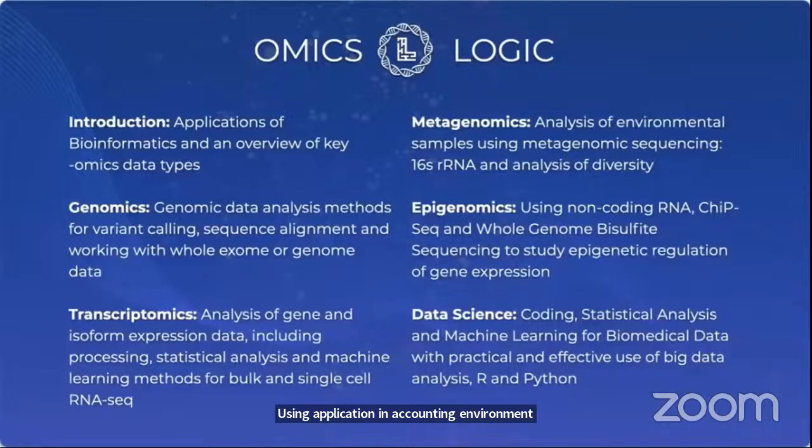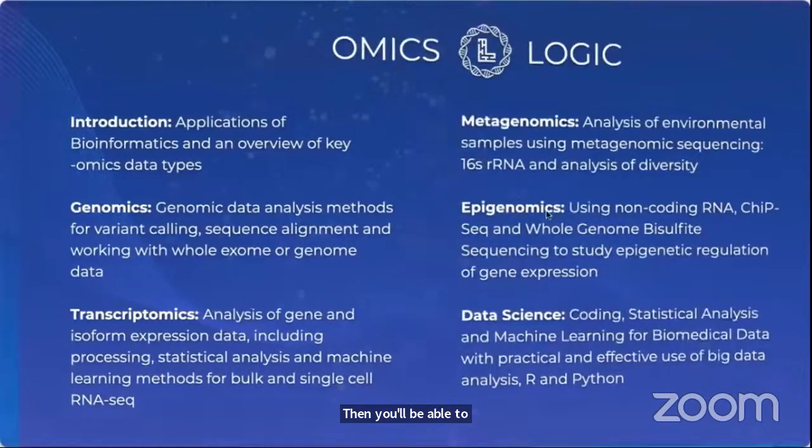If you want more information on these specialization courses, I would suggest you complete the Introduction to Bioinformatics program first. Then you will be able to focus on one or a couple of specializations after that.